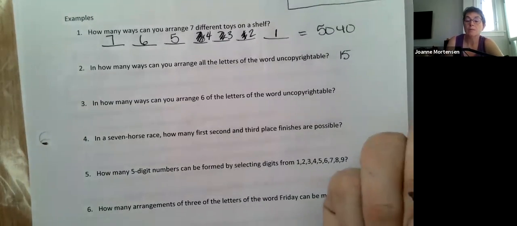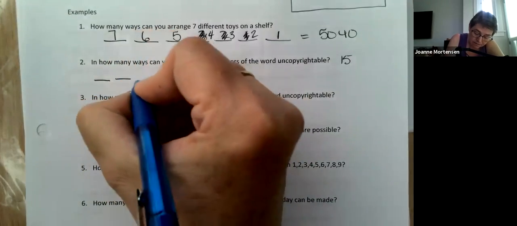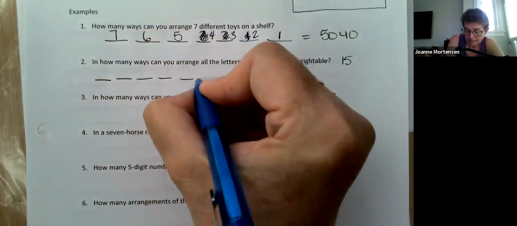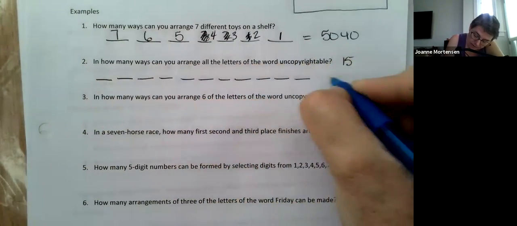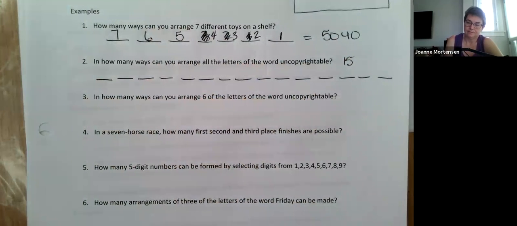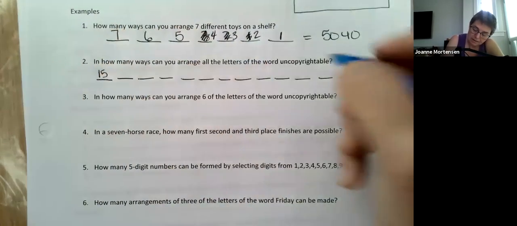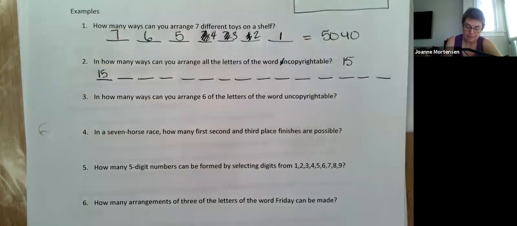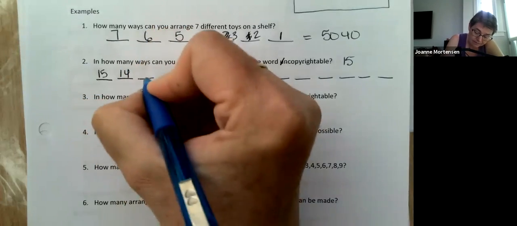So what are we going to draw? 1, 2, 3... And then when we pick our first letter, there are 15 to choose from. Let's say we take out the U. And now we have 14.